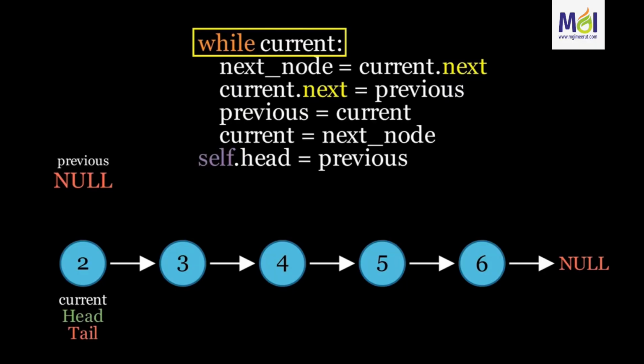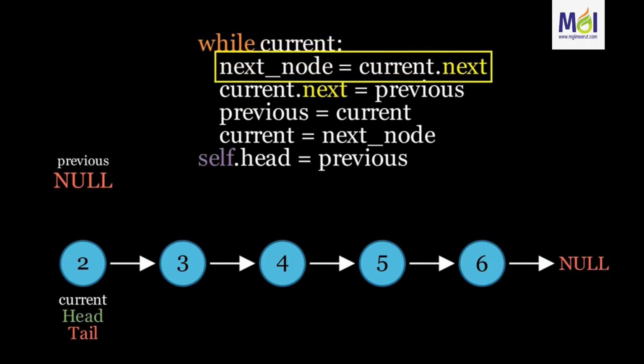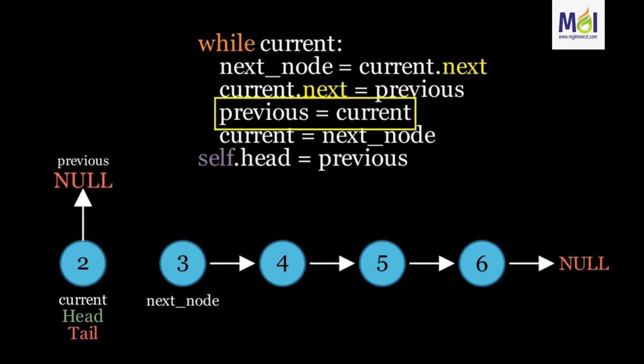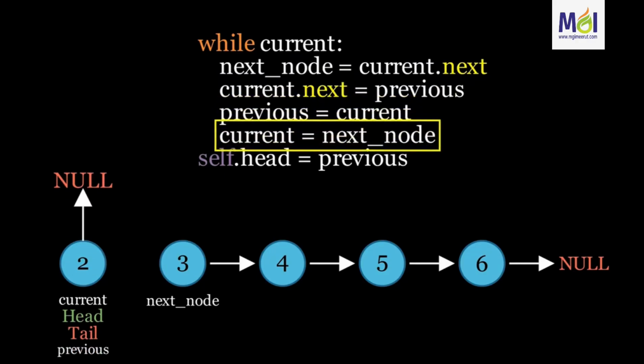Then, while current is not none, assign next node to current.next to keep track of the next node. Then update current.next to point to previous, effectively reversing the link. Then update previous to current, and then move current to next node. The loop will continue until current becomes none.